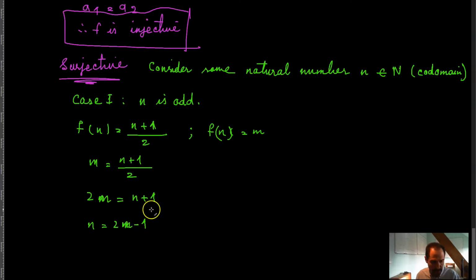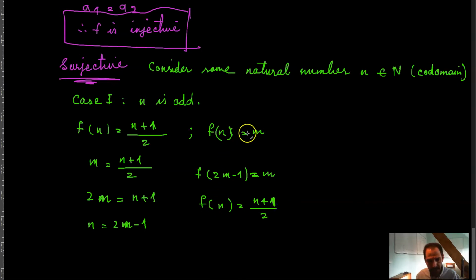That means that for the function that we have, for every m which is the output of the function, there is 2m minus 1 that you can enter into the function to give you m, meaning that f of 2m minus 1 is going to be equal to m.